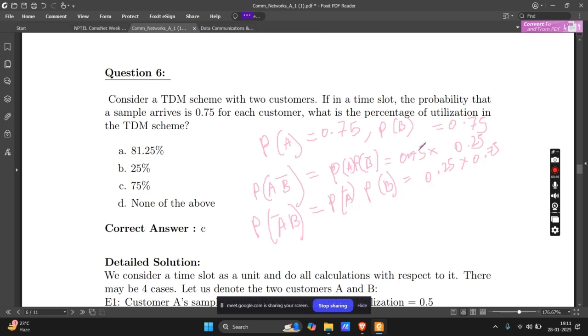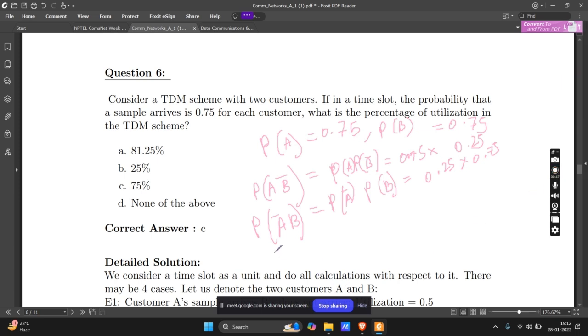Now, when one of their packets arrives, what is the actual utilization? Is the whole TDM getting utilized? No. When one of their packets arrives, only half of the channel is getting used. There are time slots for both of them, but only one of them is coming, so you will have only half utilization.